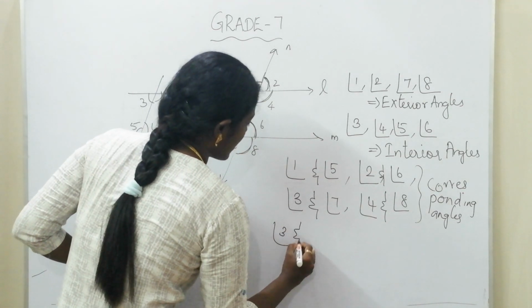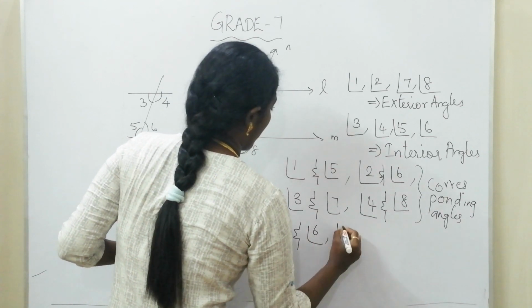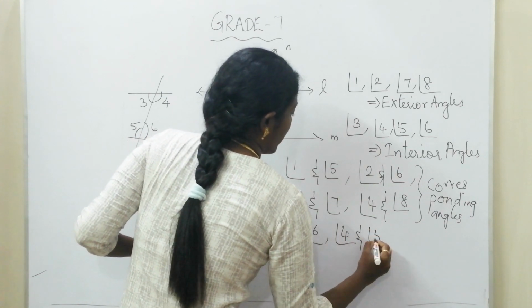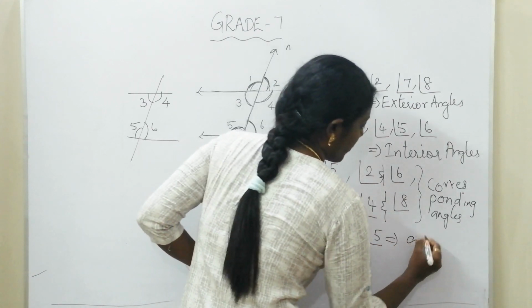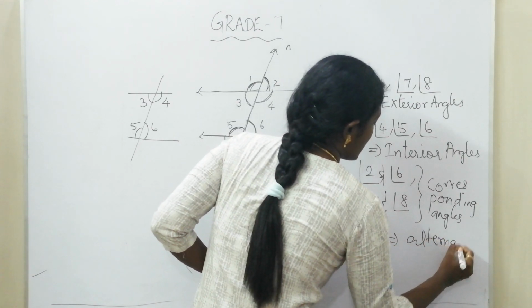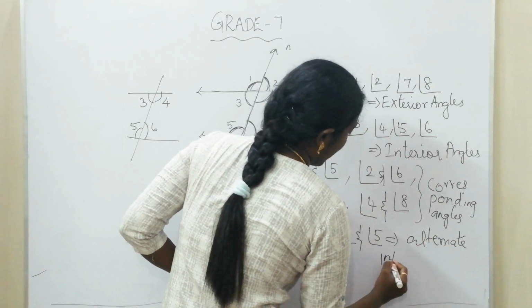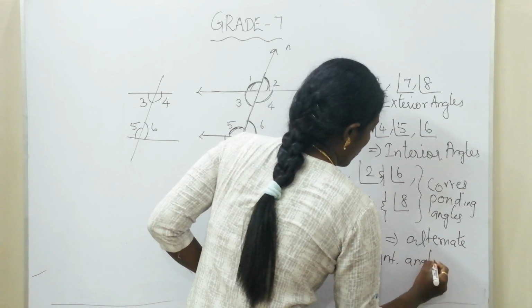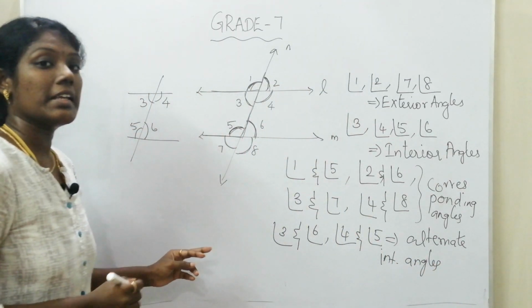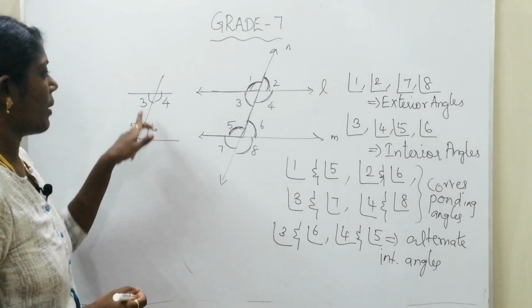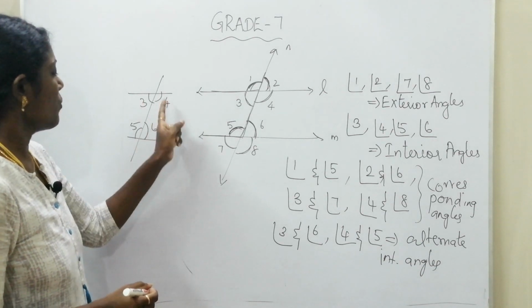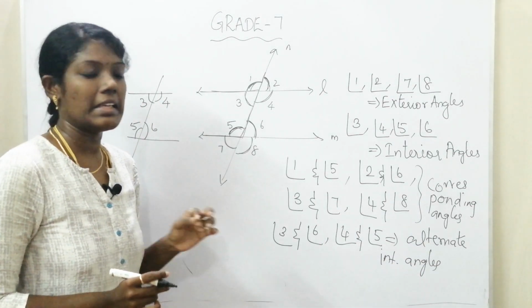So 3 and 6, 4 and 5 are called alternate interior angles. We call them this because they are all inside the parallel lines.